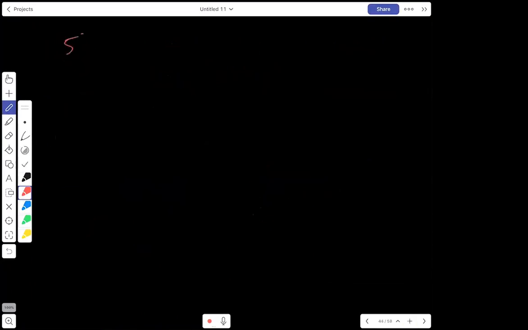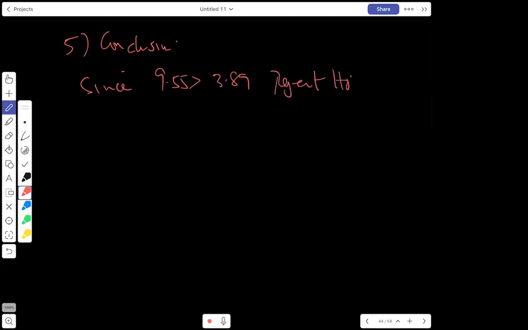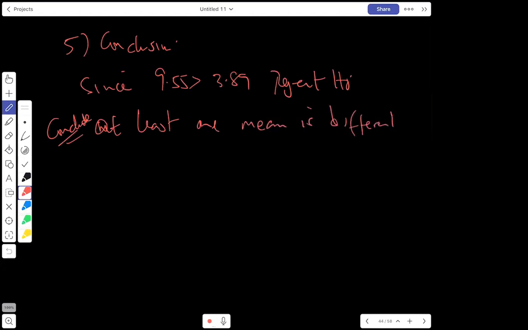Conclusion, step 5. Since 9.55 is greater than 3.89, reject H0. And then what do we conclude? At least one mean is different.